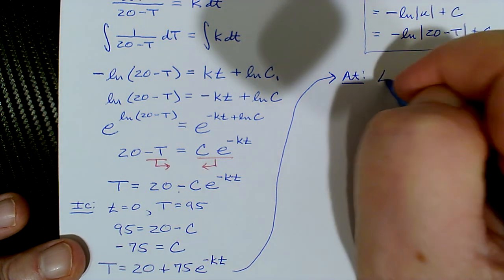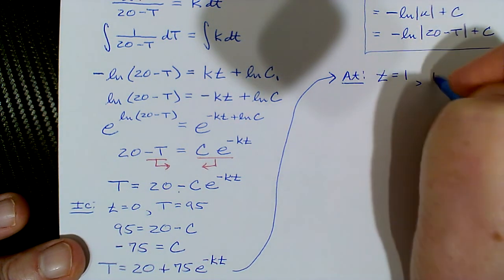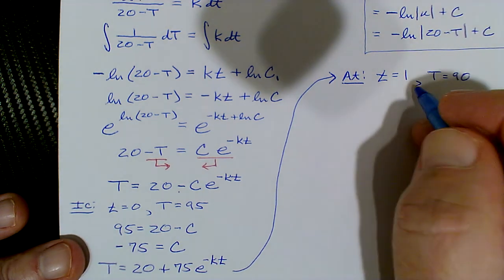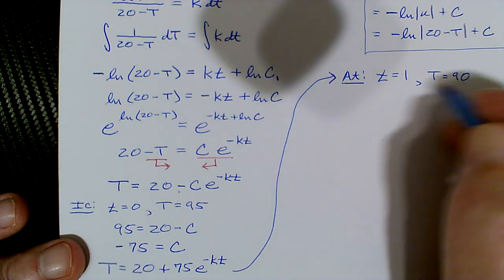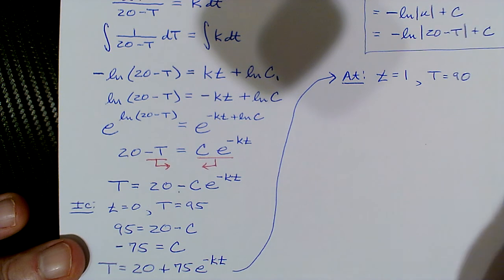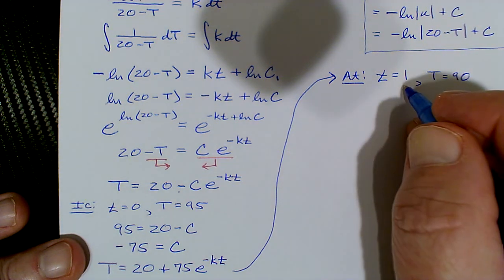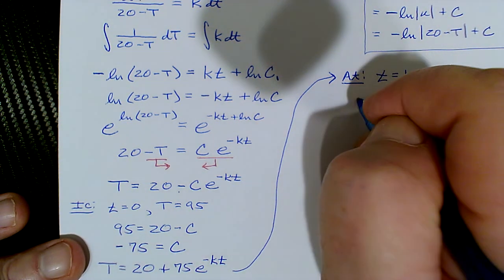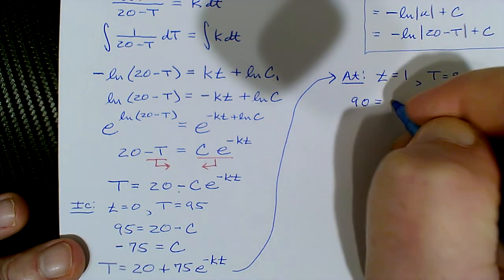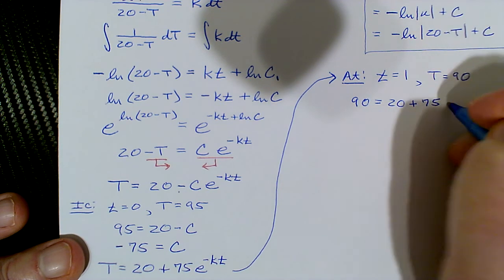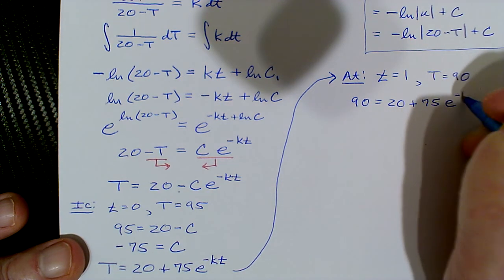So at t equaling 1, the temperature was 90 degrees. See, if after a minute it was 80 degrees, that's going to change the value of k, to be exponentially decaying at a faster rate. But at t equaling 1, temperature is 90. So 90 equals 20 plus 75 e to the negative k times 1.